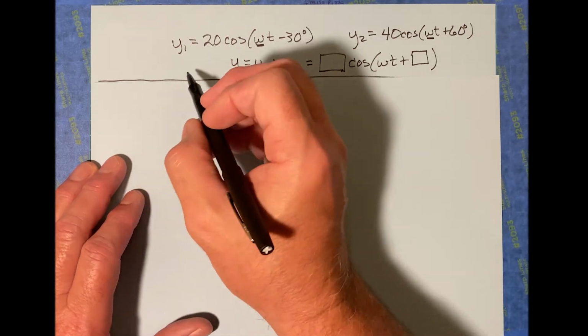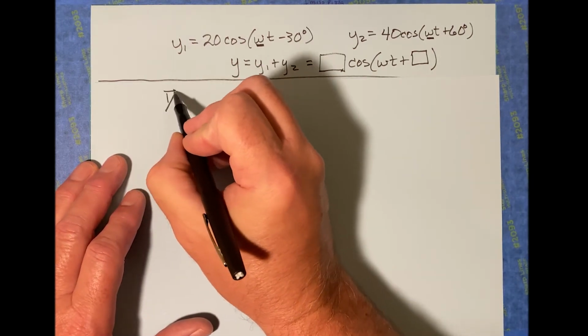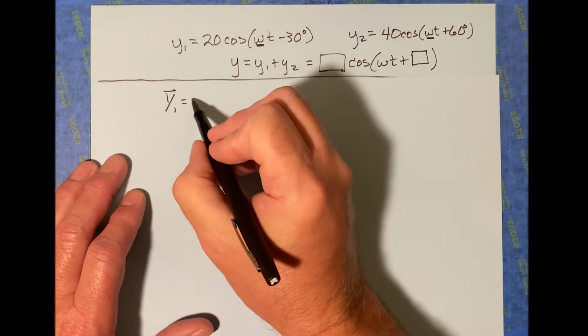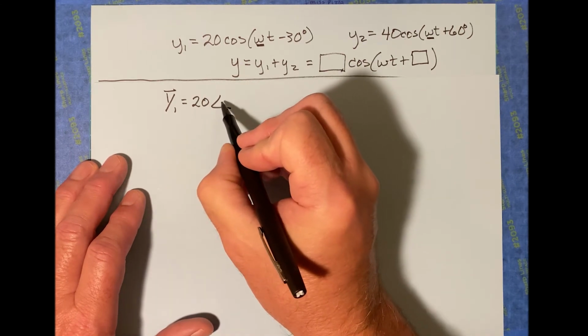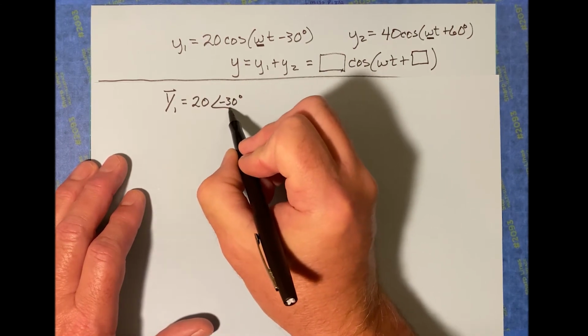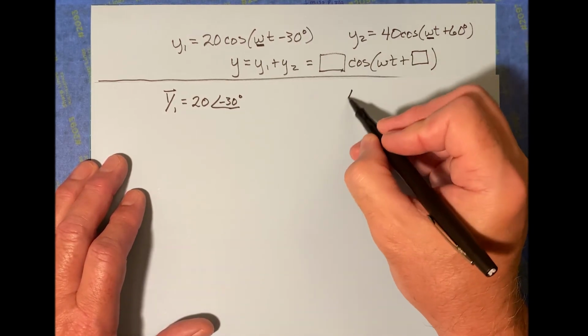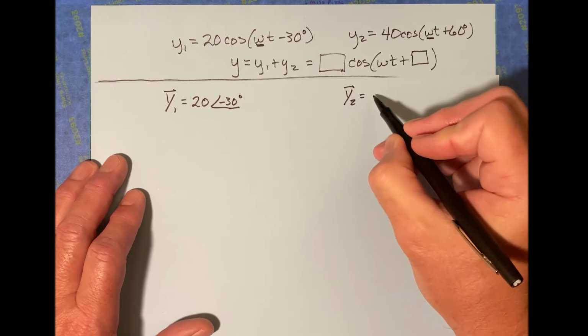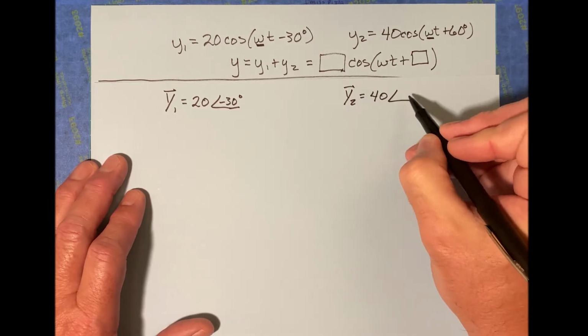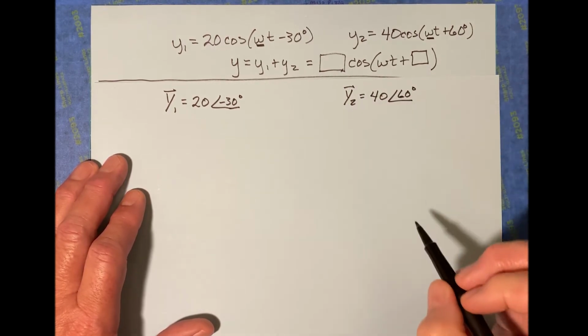Well, take your y1 and convert it into phasor y1. Phasor y1 is going to be 20 angle negative 30 degrees. The negative sign goes with the angle there. Phasor y2 is going to be 40 angle 60 degrees.